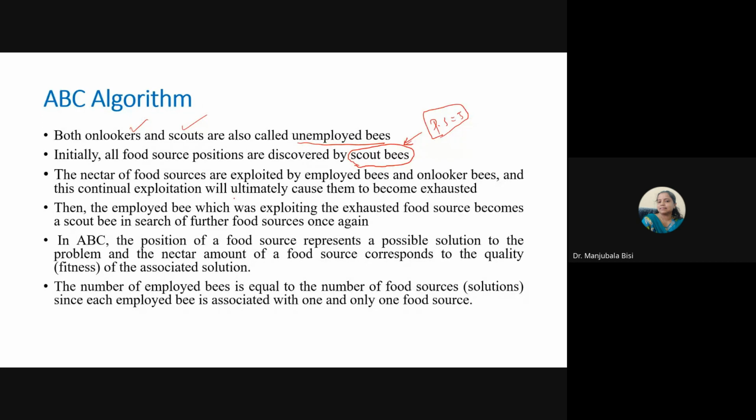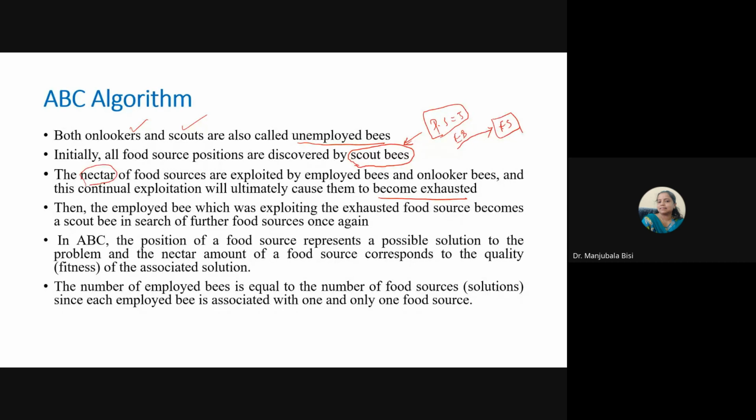So what will happen? The nectar of the food sources is exploited by the employed bees and the onlooker bees, and this continuous exploitation will ultimately cause them to become exhausted. What is the meaning here? Some food source is there, and from this food source some employed bee is collecting the nectar, which is the honey.